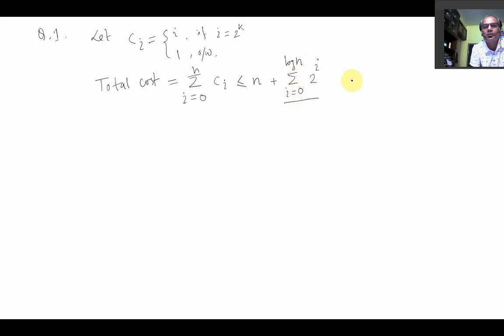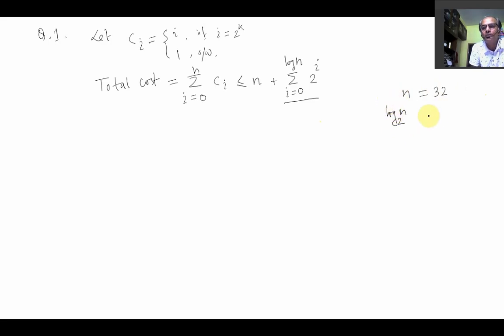Suppose the number of operations is n, how many terms are powers of 2? If it is n, then all of you know that the number of terms is log n base 2, right? Because suppose you consider n equal to 32, then what will be the number of terms which are actually powers of 2?